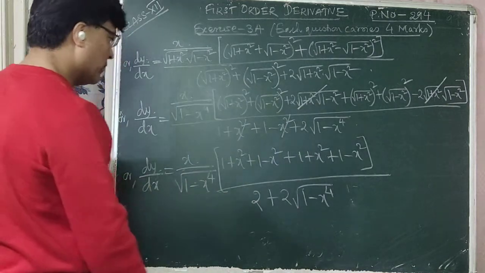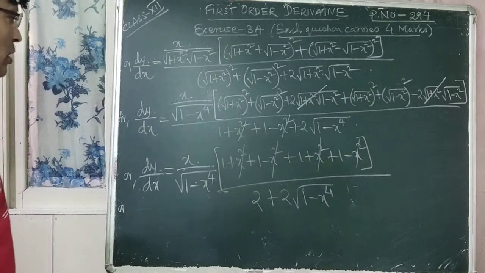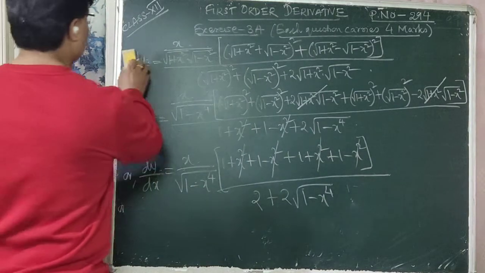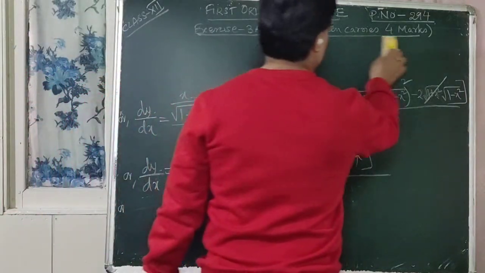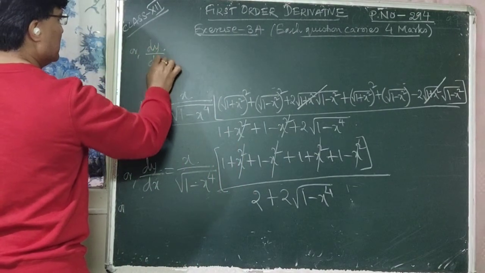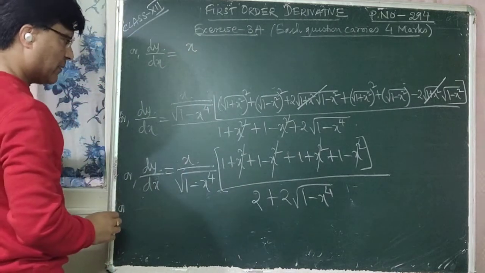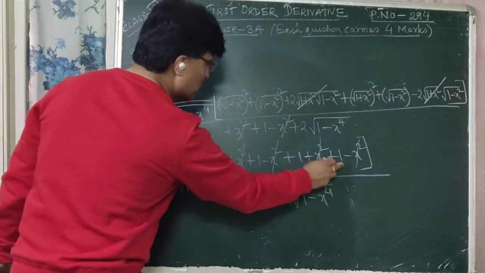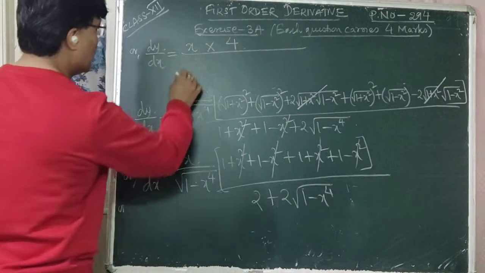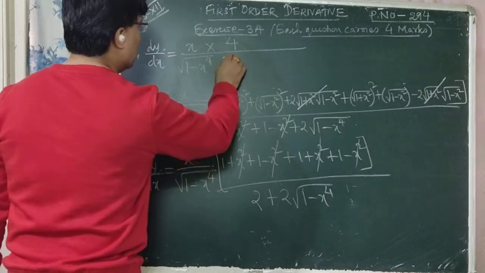Now we can simplify further. This x square minus x square minus x square will be cancelled. You can cancel them, right? So let us simplify it further, dy by dx is equal to, now it is x, right? 1 plus 1 plus 1 plus 1, 4 into 4 whole divided by root over 1 minus x to the power 4 into, what is common here? 2 is taken common.